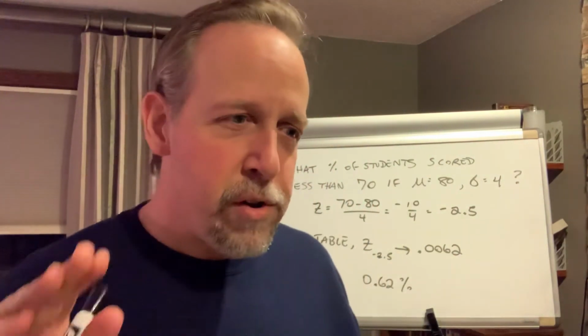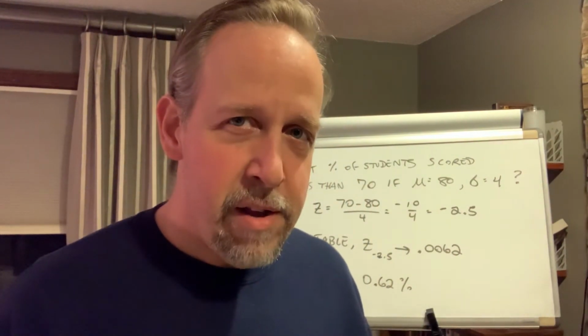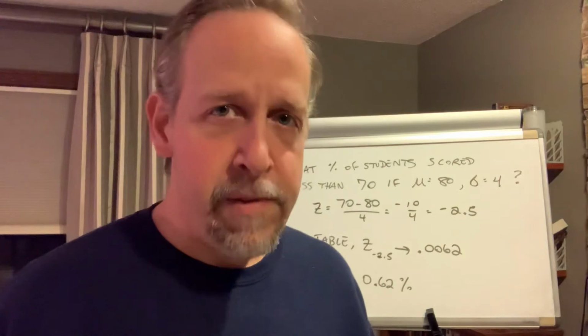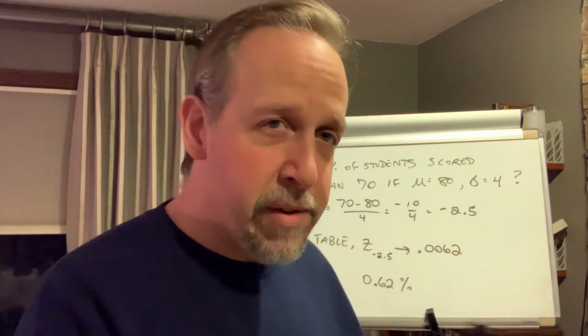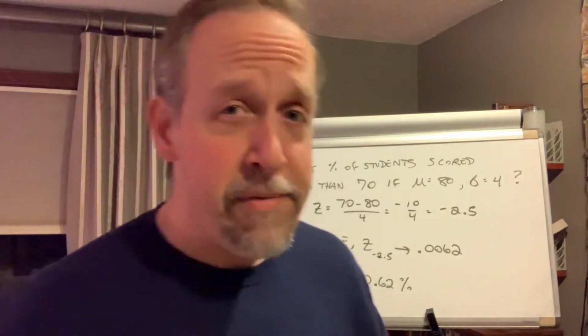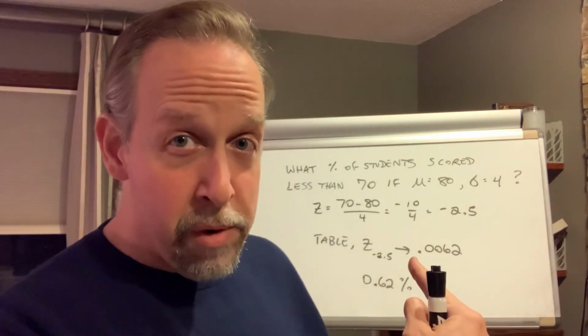I want you to understand that the table will only ever show you the area below the z-score you're finding. The table can't really find the area above a z-score, but there's an easy fix. Under the normal curve is 100% of your data. So if you want to find out what percent of the class scored higher than a 70, you find out what percent scored lower, and then you just subtract it from 1.